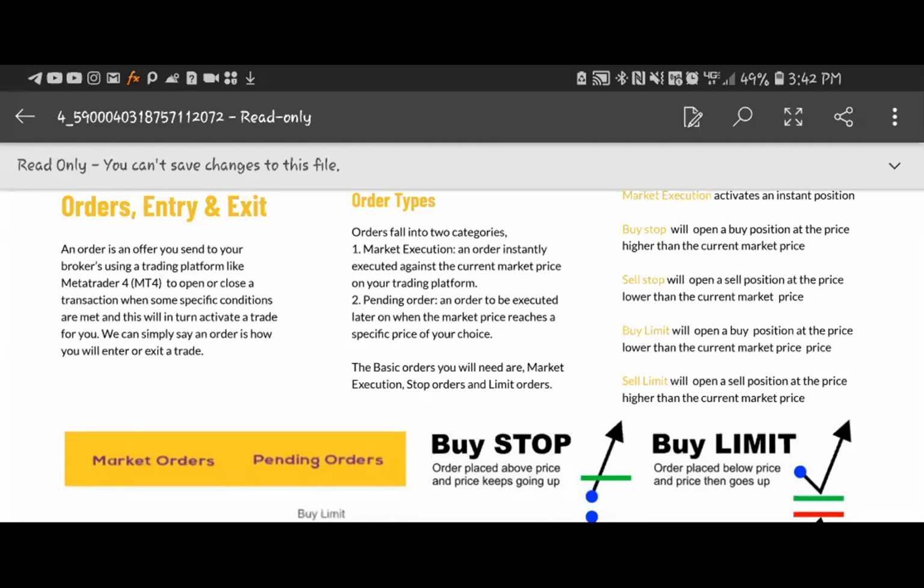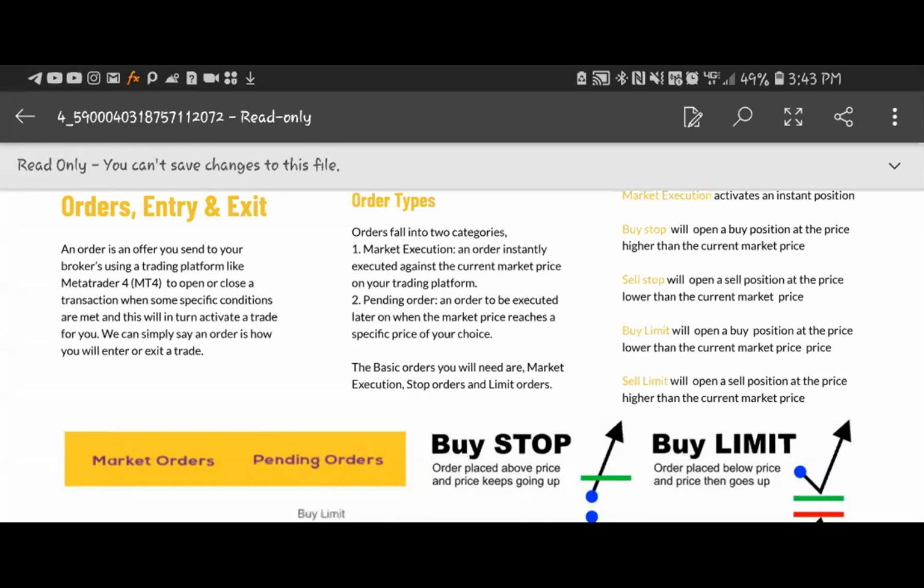The pullback will be little, and you expect price to pull back from 480 down to 470 before it starts shooting up. What do you do? You set your buy limit at 470, okay?